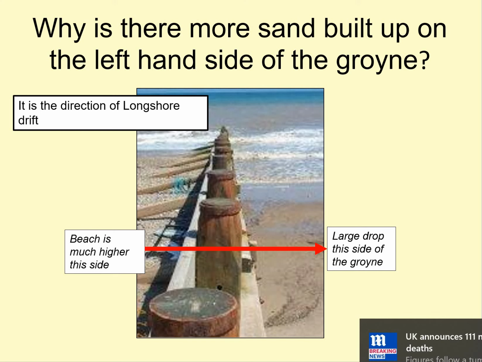I want you to have a think about why that might be. Imagine if you never stopped the material from moving up the beach, you would lose it eventually. And obviously beaches are tourist attractions, and you need sand and deposits there too. And also a wider beach actually protects the land from further erosional processes.